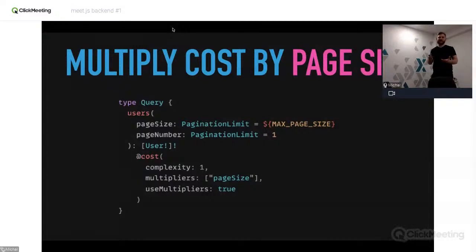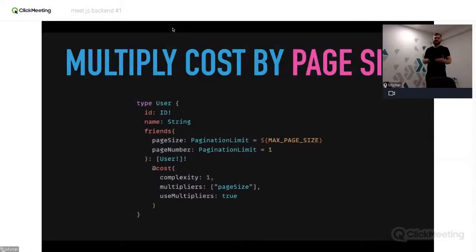We specify that the cost of this query should be multiplied by something, and we specify the multipliers. So when we ask for users, we either specify page size or we keep it as default, but the page size determines how many of those users we can fetch. So if we add a page size to the multipliers list in the cost directive, then the default complexity of 1 will be multiplied by the number of actual records that will be fetched by the pagination.